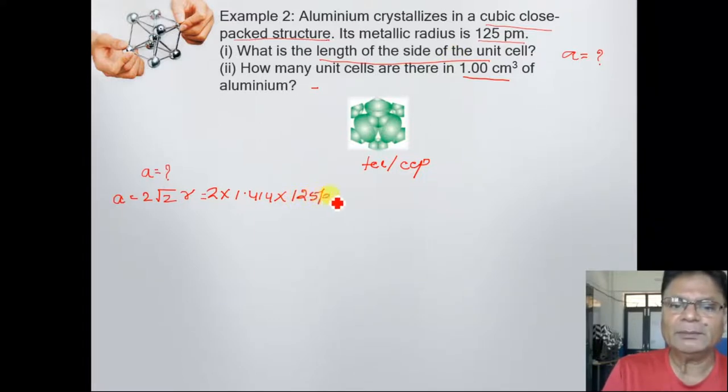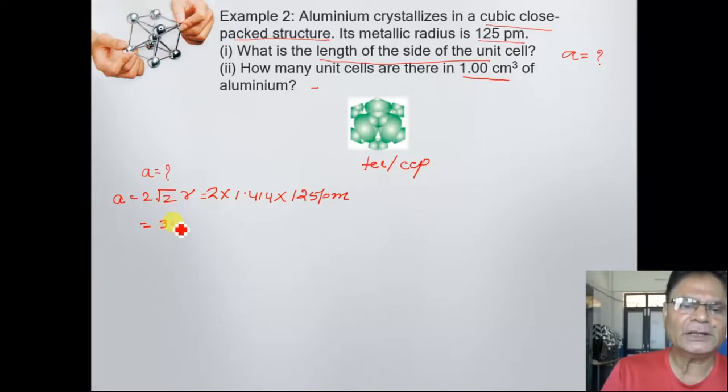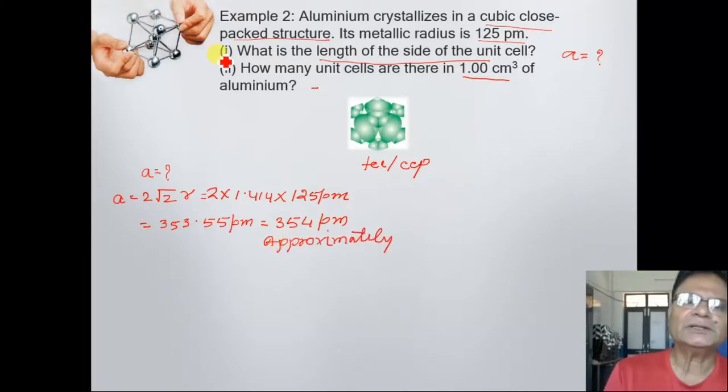This is equal to 354 picometer, approximately 353.55. This is what is the edge length of the unit cell.